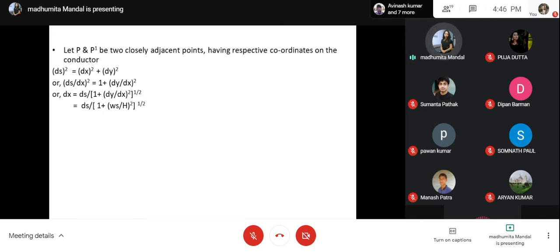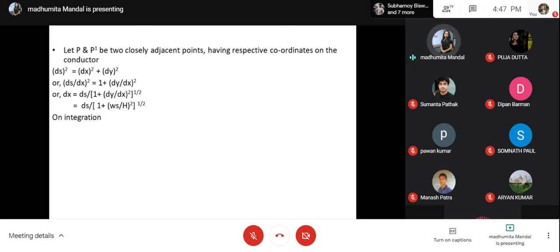From the previous equation, dy by dx is Ws by H, so we can replace it and the equation will be dx is equal to ds by root over 1 plus (Ws by H) whole square.